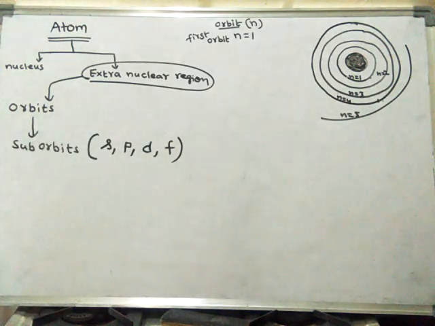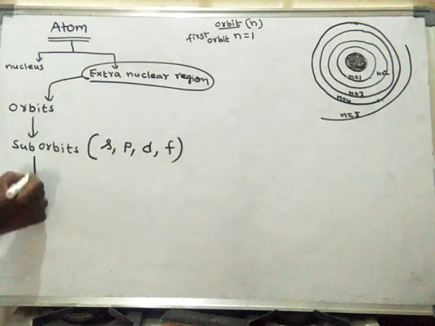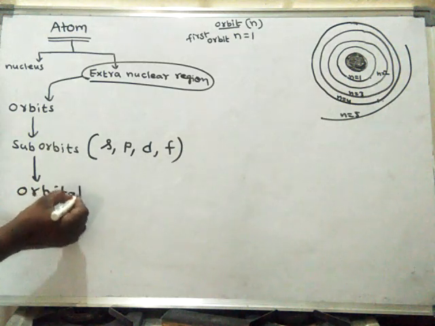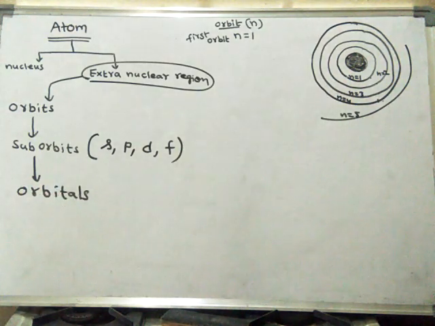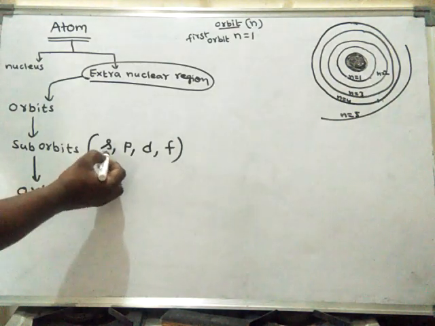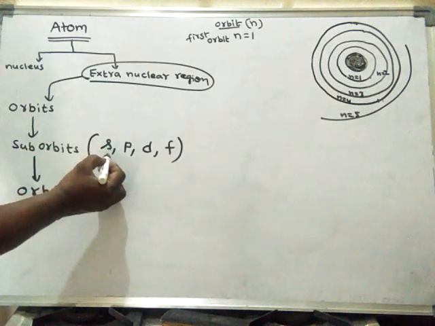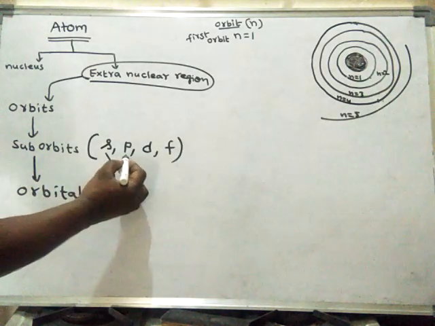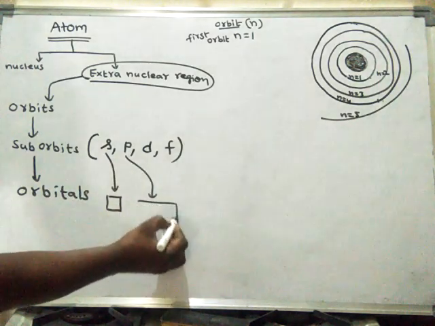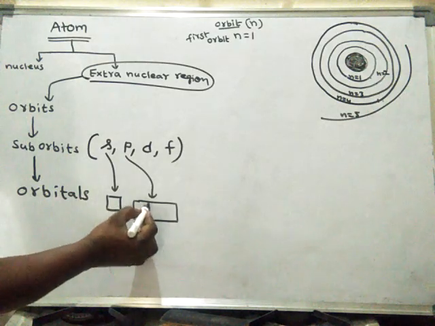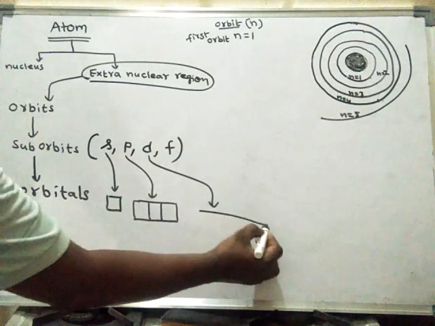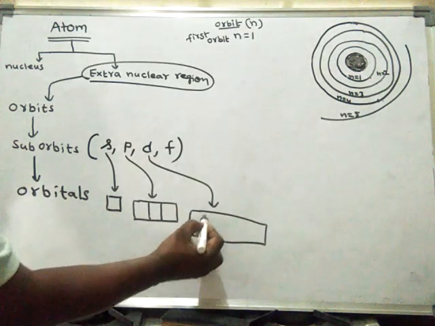These suborbits contain orbitals. Suppose this is the S suborbit. The S suborbit contains one orbital. The P suborbit contains 3 orbitals. The D suborbit contains 5 orbitals.